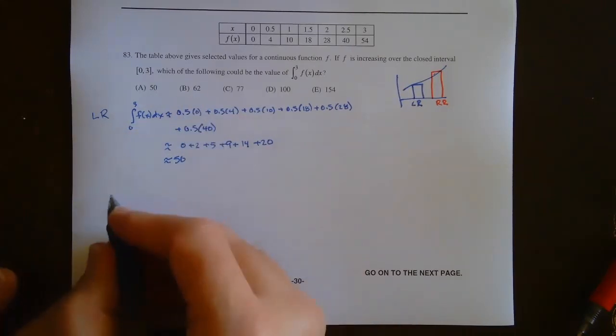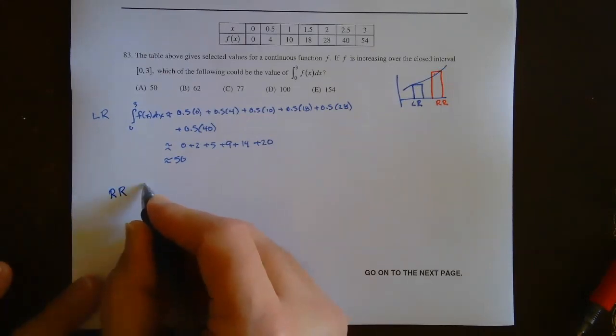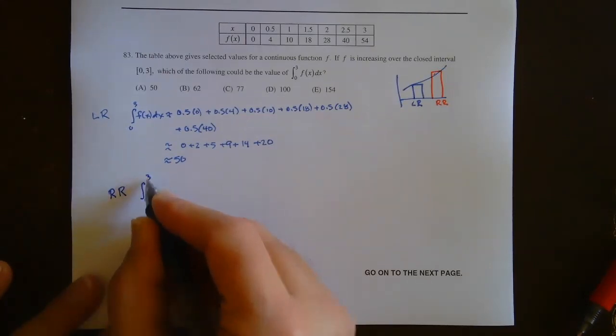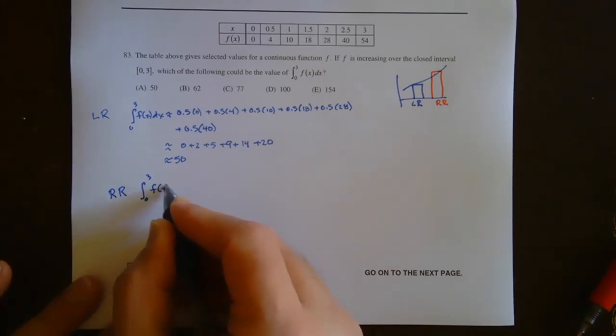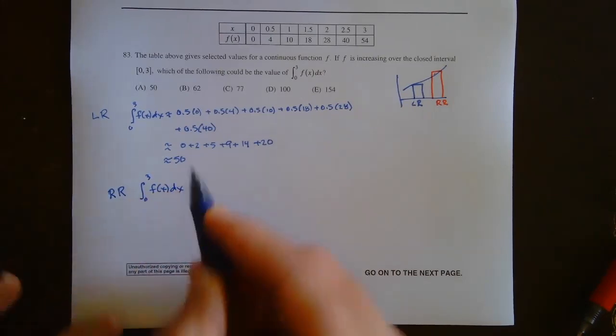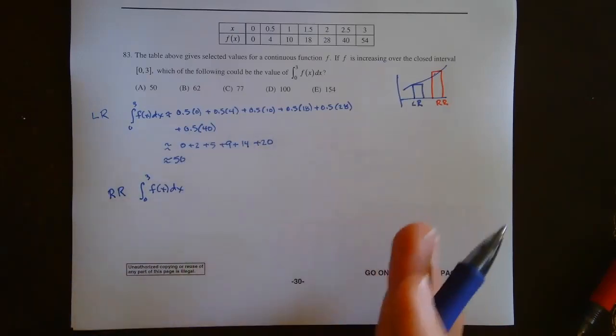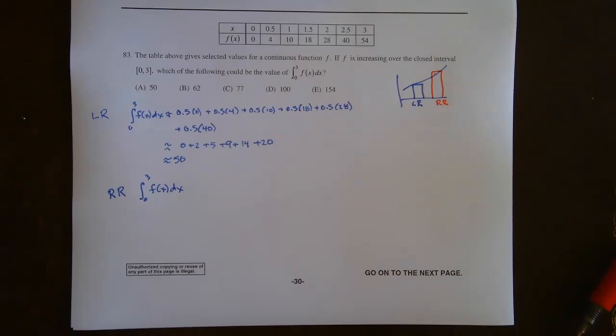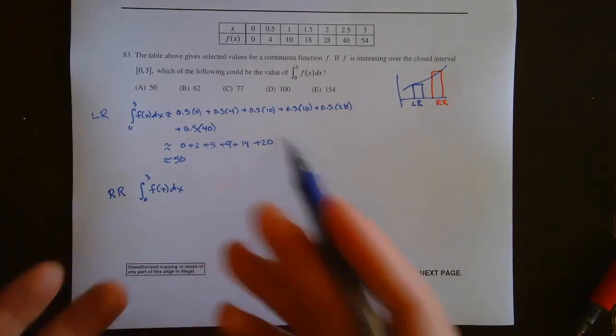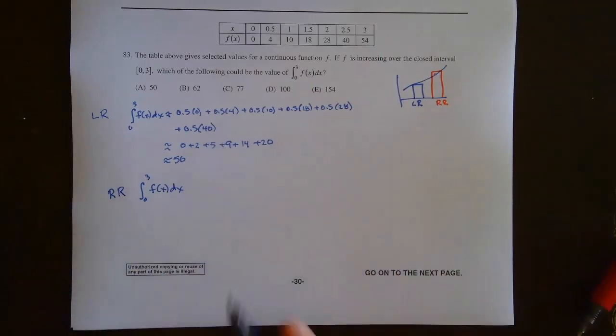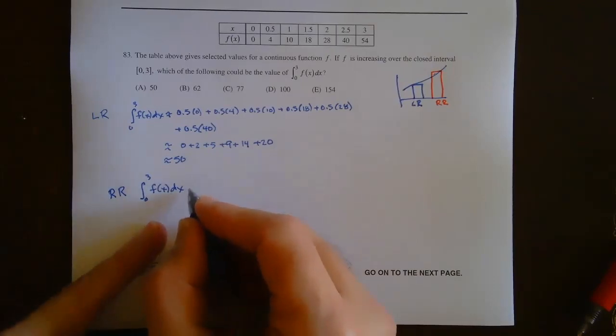All right. Now, if we do a right Riemann, okay, that'd be the integral from 0 to 3 f of x dx, okay? And you need to write this for the AP exam, because it's not going to be multiple choice. Now, if this was an actual AP exam with multiple choice, you wouldn't need to show this. You could just work it out, okay? But you got to show correct notation with this, okay?